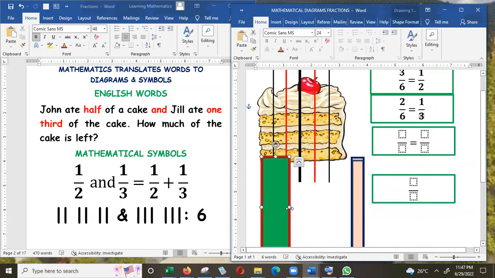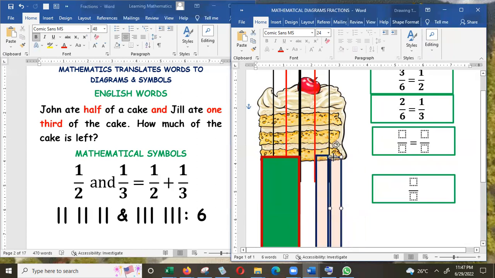This is the amount John ate, 1/2. And Jill ate 1/3. But we said that 1/3 is 2 out of 6. That's 1/3. 1/3 is 2 out of 6. Here is 1/3. That's 1/3 right there. That's the amount Jill ate.